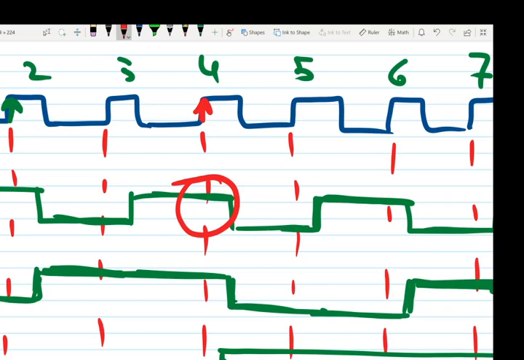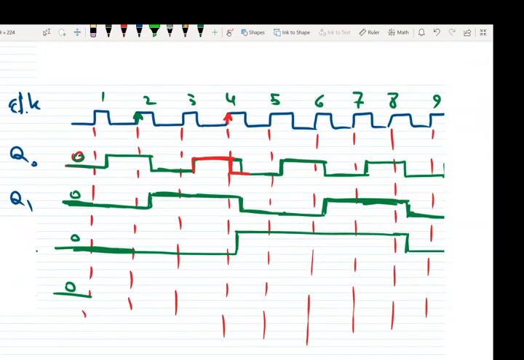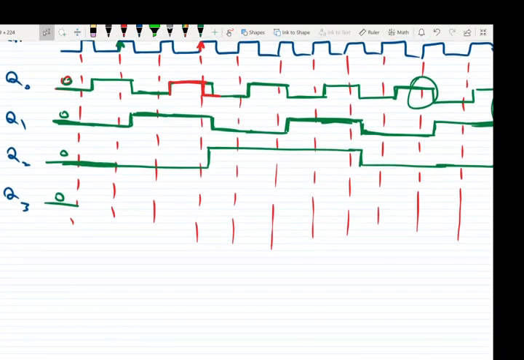If there was no propagation delay, Q0 would change right at the rising edge, and we would have no idea whether Q0 is 1 or 0, because it changed exactly at that moment. So propagation delay is very useful for electrical circuits and components.